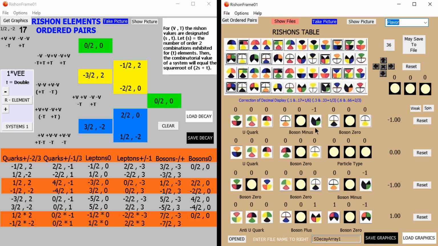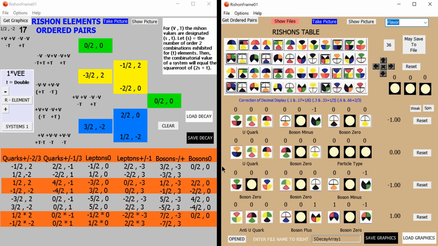And the flavor contribution only comes on the prime V rishon, where we can see we have a -1, and there's no contribution of flavor on the prime T. And of course, the particle-antiparticle pair make no contribution to the flavor. So the flavor for the S quark is -1, which is indicated by the standard model.